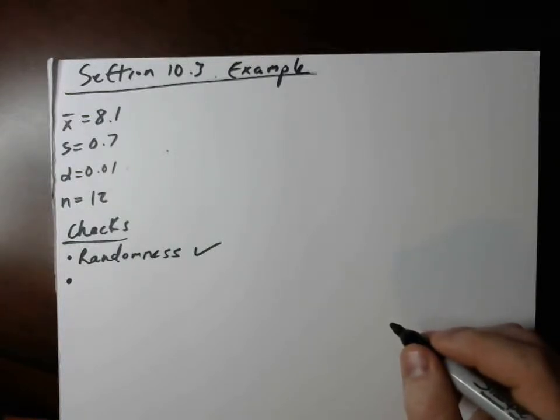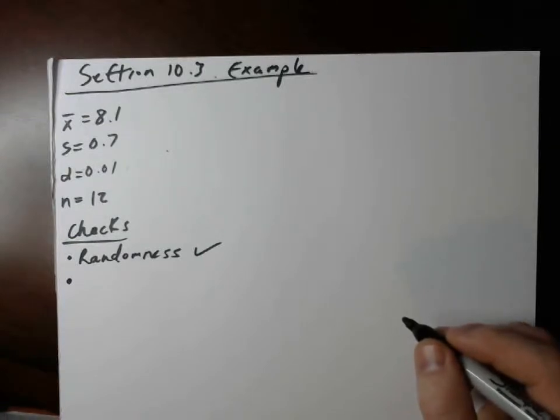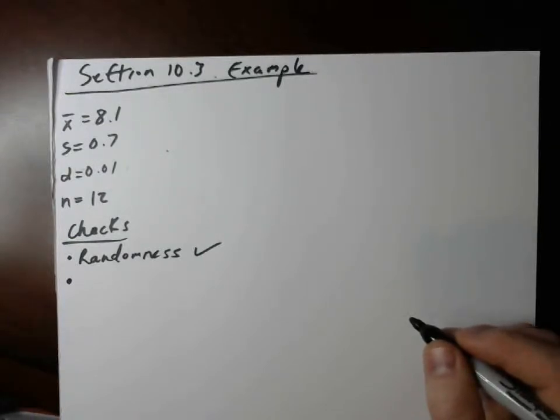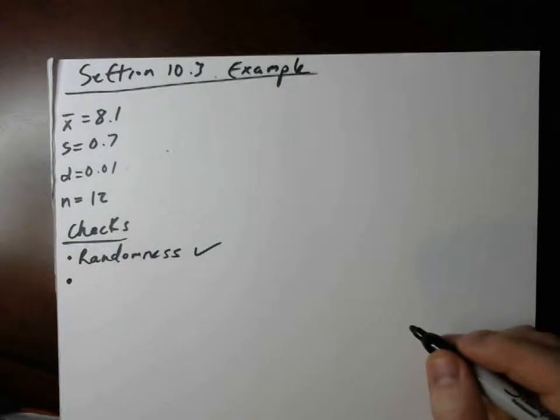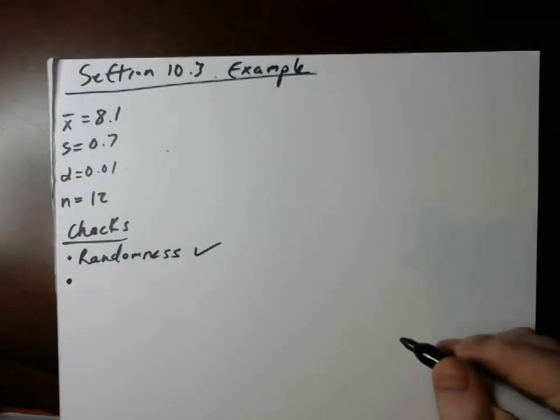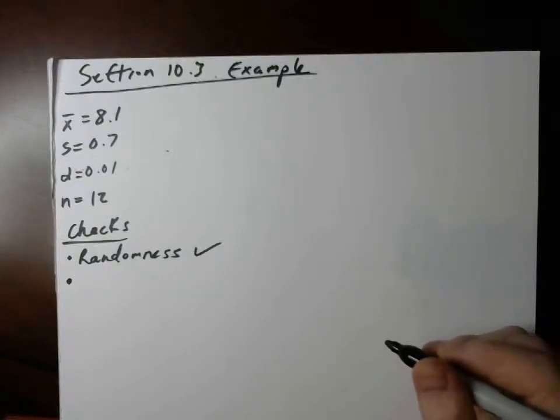But what's kind of convenient is, remember from the check, either we need n is greater than or equal to 30 if we have a non-normal distribution, or we need any sample size, even 1, 2, 3, up to whatever value you want, 1 to infinity, as long as the original distribution is normal.